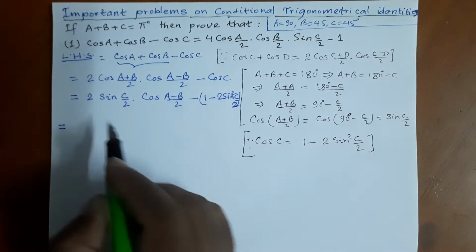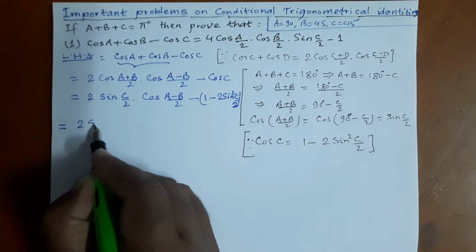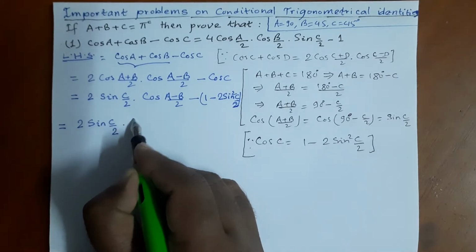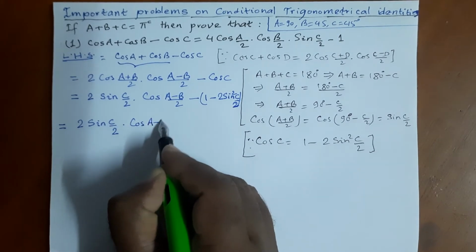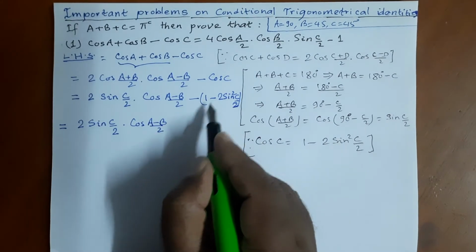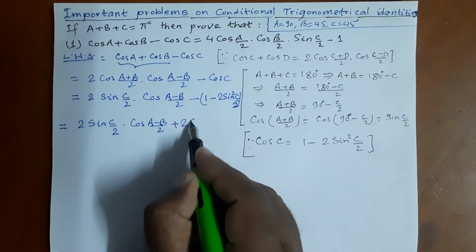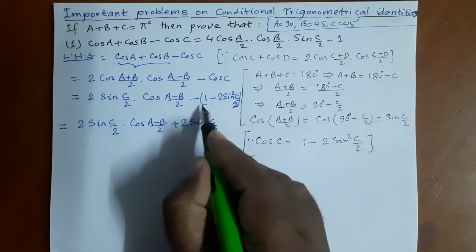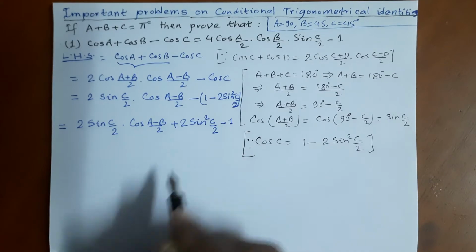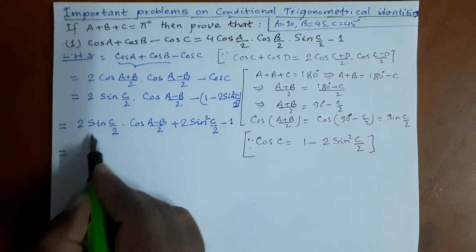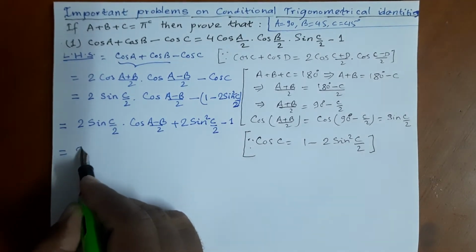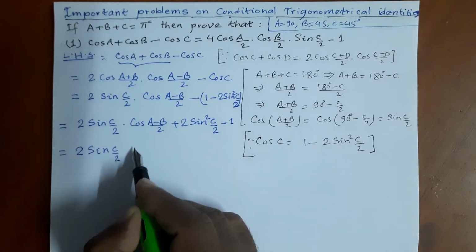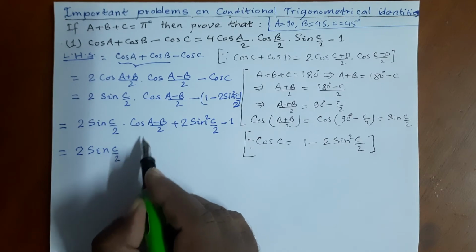Before that, I will multiply the minus into 2 sine C over 2 times cos of (A minus B) over 2: minus times minus will be plus 2 sine square C over 2, and this is minus 1. Now from these two, we can take out 2 sine C over 2 common, and here is cos of (A minus B) over 2.